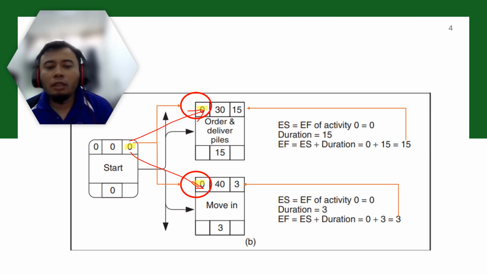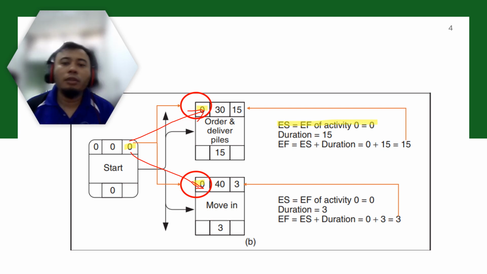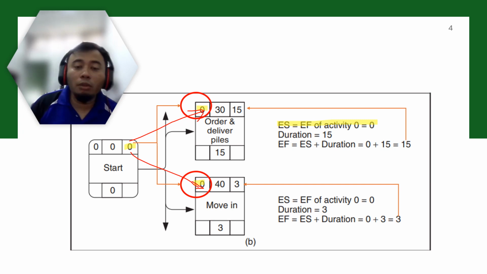As mentioned here, ES is equal to the EF of the previous activity, which is 0. So your ES is equal to 0. Duration is 15.